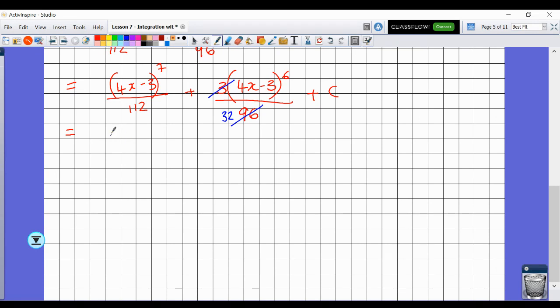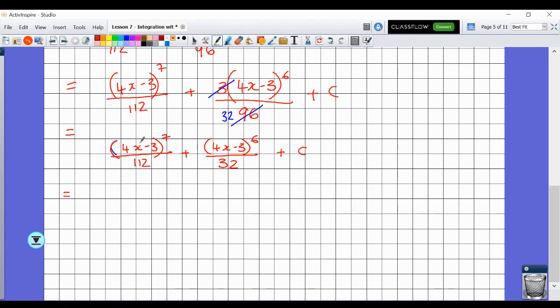Okay, so I'm just going to write that out again, and then we can start thinking about highest common factors. Take that out. So I'm going to have (4x minus 3) to the power 7 over 112 plus (4x minus 3) to the power 6 over 32 plus c.